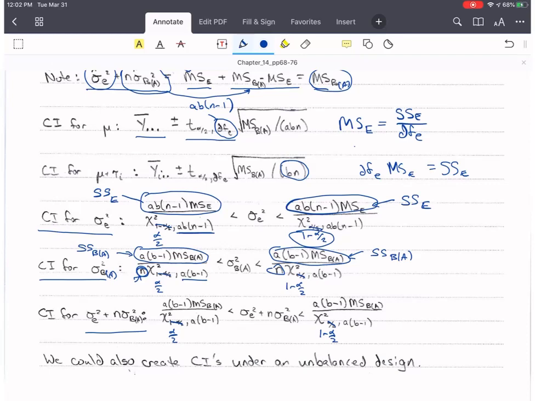And now, for this last one, we have a times b minus 1 times MSB nested within a, and that is the degrees of freedom.